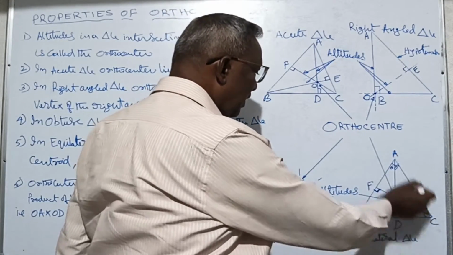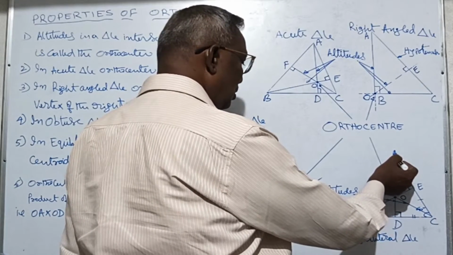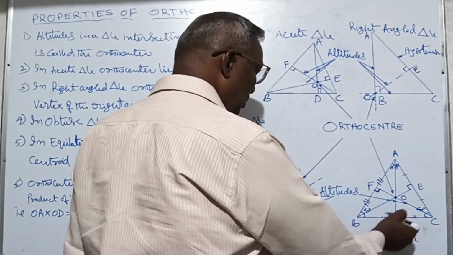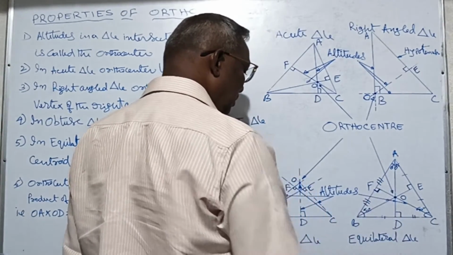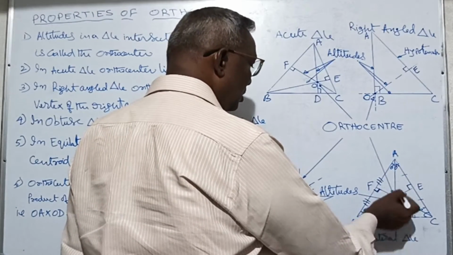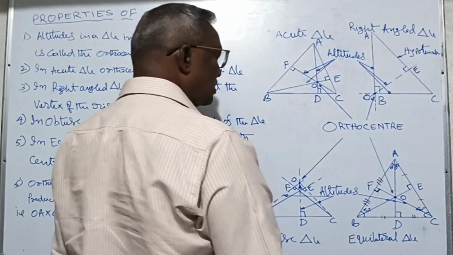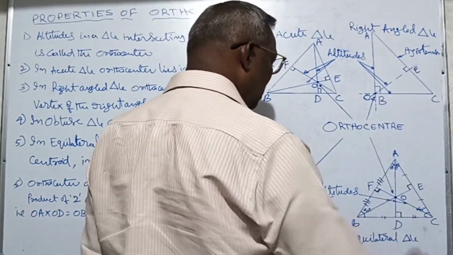Since it is an equilateral triangle, this altitude bisects the opposite side exactly in two. This is half, this is half. This altitude divides the angle exactly in half, that is 30 degrees, 30 degrees.